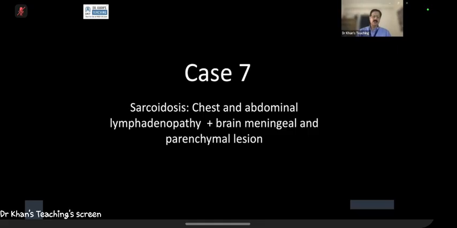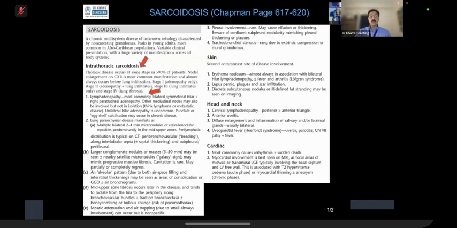Sarcoidosis can come in the brain. It can come in the spine. Please remember that. If you know your theoretical knowledge, only then will you pick it up. So this patient had sarcoidosis with chest and abdominal lymphadenopathy, and in the brain, meningeal and parenchymal lesions, which I will show you, because the candidate was worried about dura, ruled out dura, but there is more to that, which I will tell you.